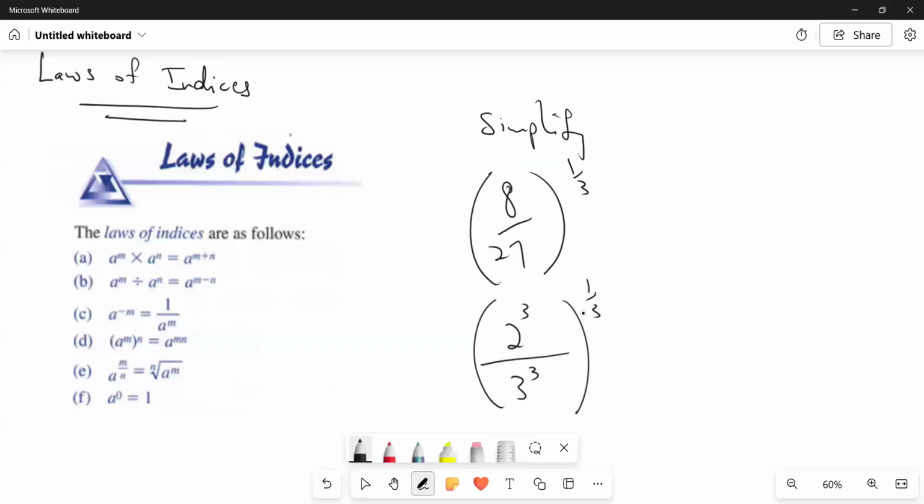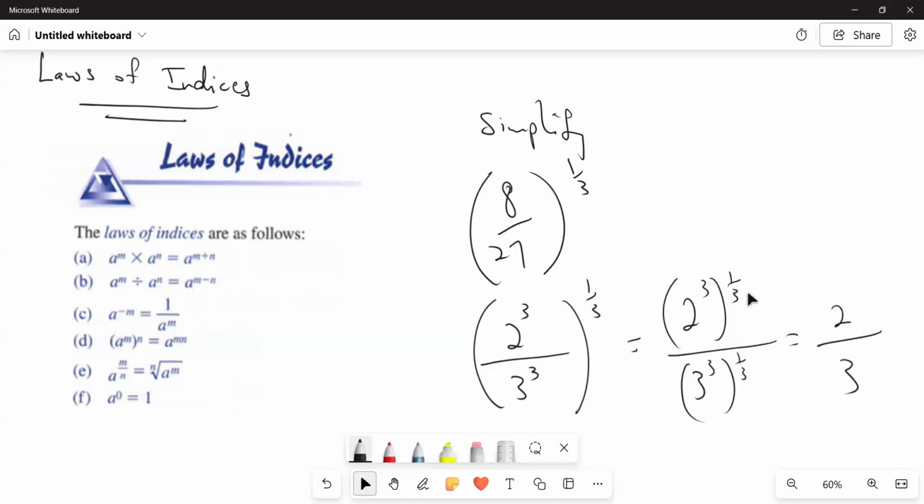Raise to the 1/3 power. This becomes 2 to the third power to the 1/3 over 3 to the third power to the 1/3, which becomes 2 over 3, right? Because when you multiply 3 by 1/3, it becomes 1, and 3 by 1/3, another 1. So you end up with 2 over 3 as the answer.